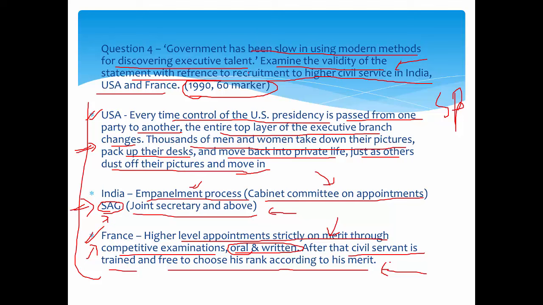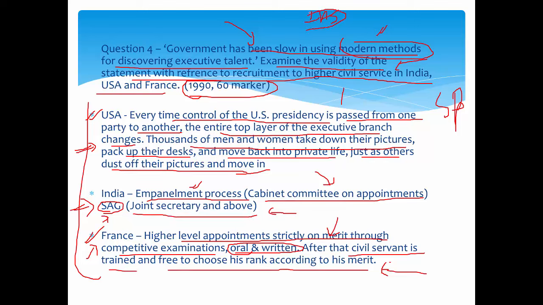And if you see this particular question, they are asking that government has been slow in using modern methods for discovering executive talent. So here you have to, apart from talking about India, USA, and France, also talk about what are the modern methods. Some of the modern methods are competitive examination, lateral entry, open competitive examinations for all grades of services. Right now only IAS people are selected for top administrative posts.